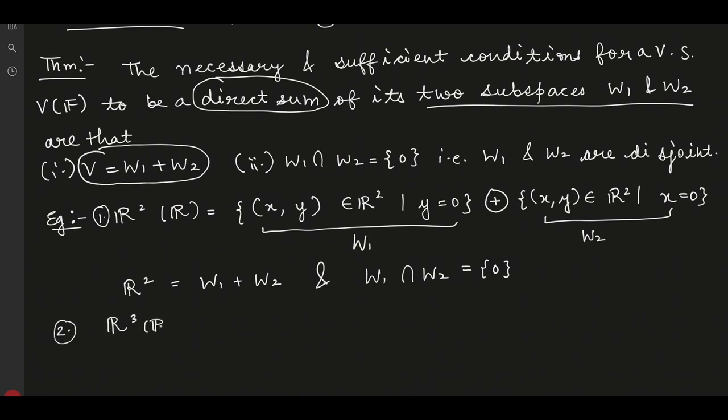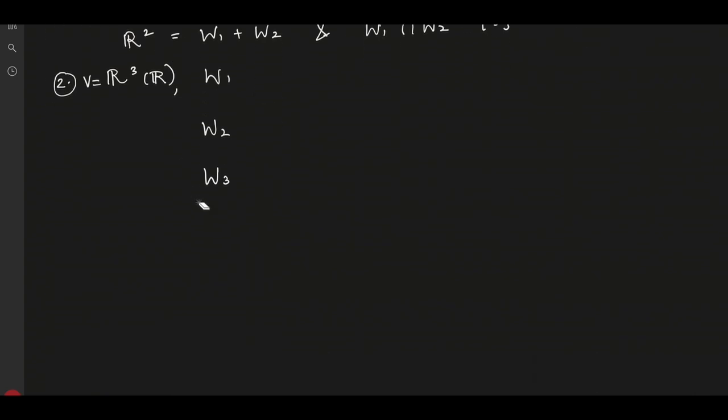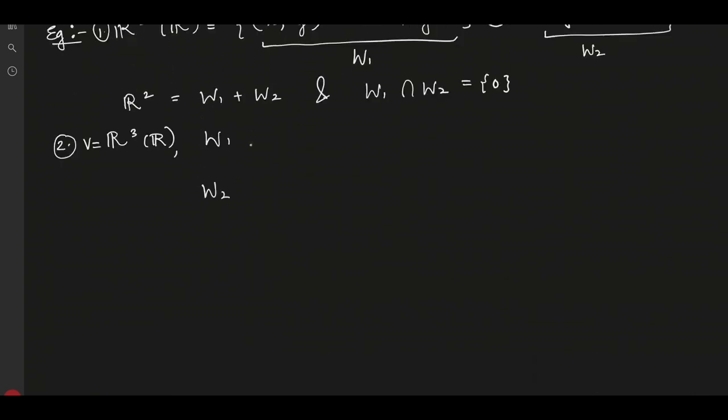R cube over R. This is the vector space. I am taking two subspaces, W1 and W2, sorry, not three, only two. (x, y, z) belonging to R cube such that y is 0, z is 0, and the other subspace.